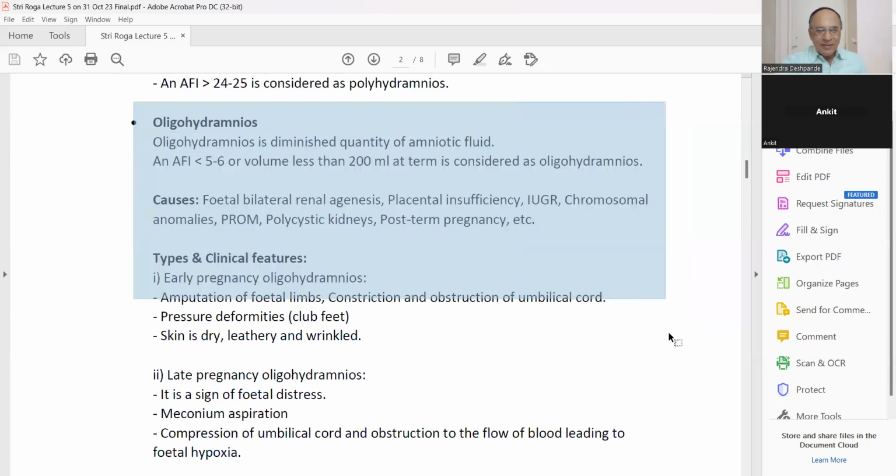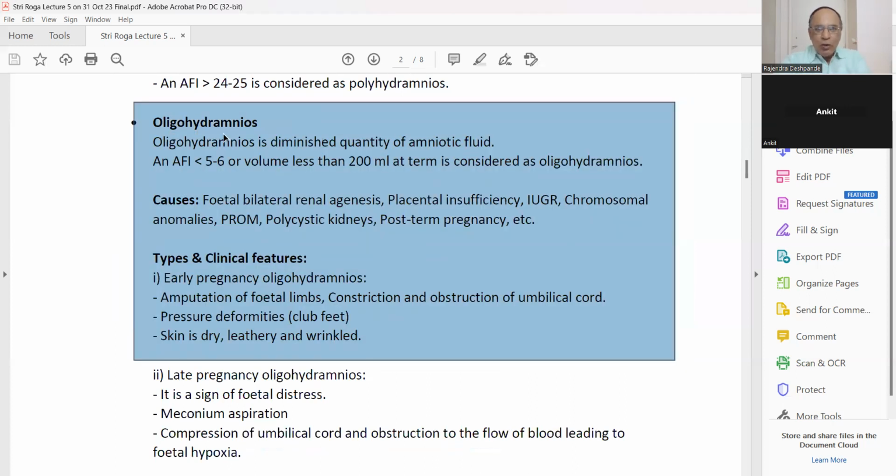I will explain. See, oligohydramnios is less quantity, less. If it is less than 6, or by volume, now we also know the volume, less than 200 ml is called oligo, less amniotic fluid. Why is this less?